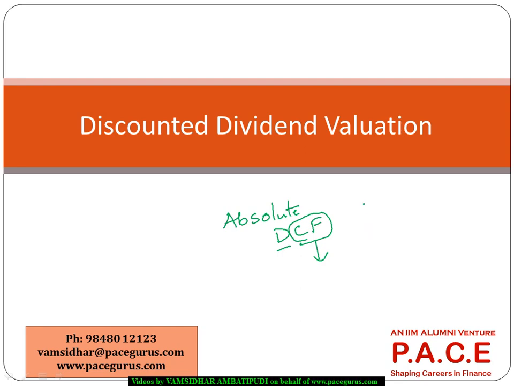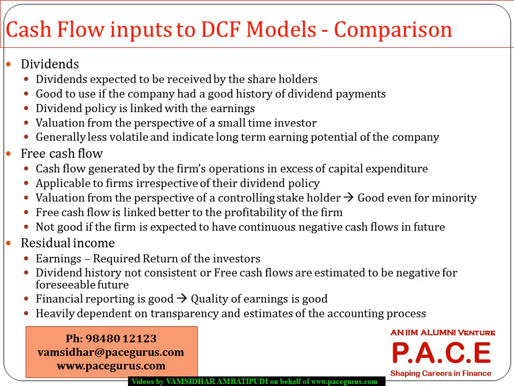From this dimension, there are three different kinds of proxies which we can use for cash flow purposes. One is the dividend, which is what we are going to deal with in this session in full. When I say discounted cash flow model, what is it that is used as cash flows?